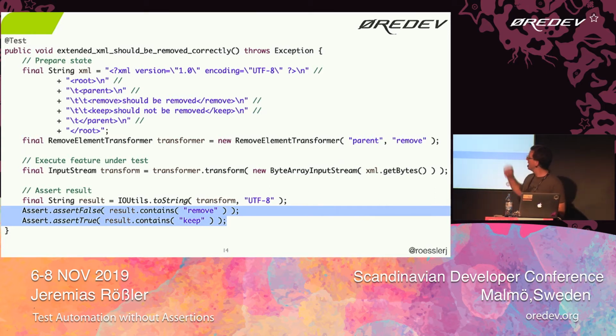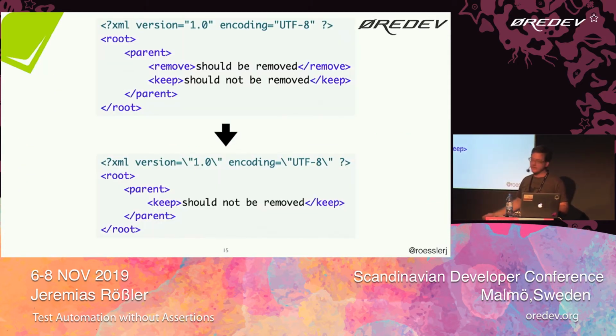One example I want to give here is again a unit test. You give it some XML, then you have a remove element transformer that does something. You can guess what: it removes some of the elements, does the transformation, and then afterwards with an assertion you check the result, right? Essentially, you give it that XML at the top, and it expects to receive that XML at the bottom.